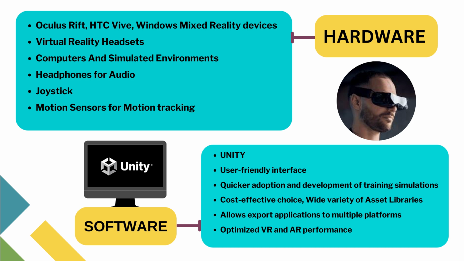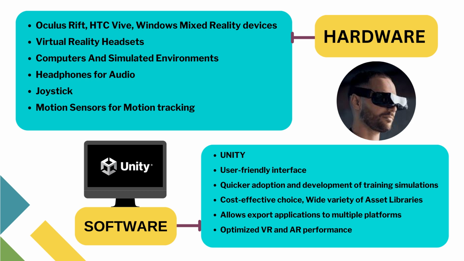Hardware. At the heart of our system are the state-of-the-art VR headsets, including Oculus Rift, HTC Vive, and Windows Mixed Reality devices, which transport users into training scenarios. These headsets are complemented by high-performance computers and simulated environments, ensuring smooth and responsive interactions.